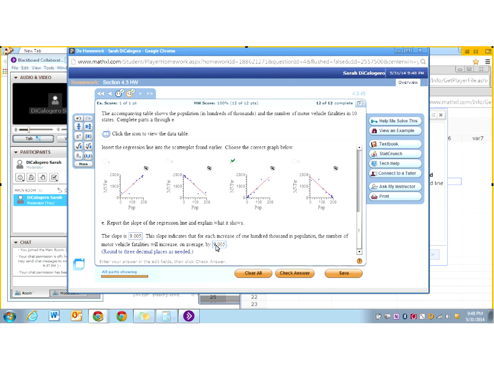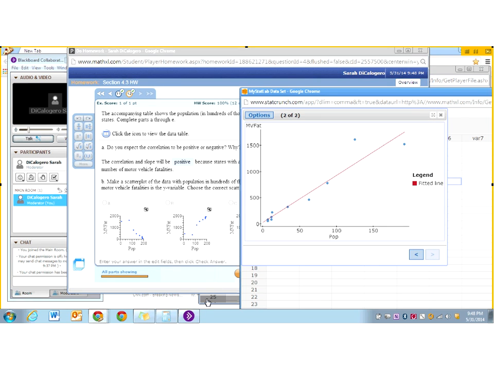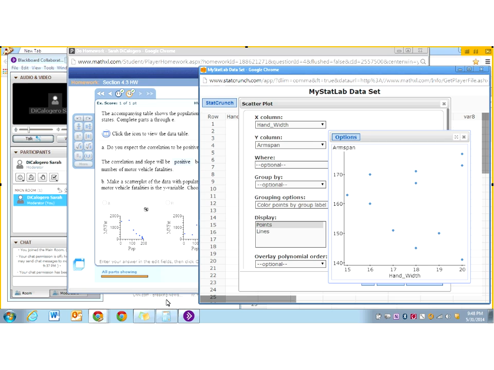So you have to pay attention here to the units that they're using. So when they talk about an increase of 100,000, you think, oh, that should be 100,000. But if you look back in here, the population is already given in hundreds of thousands.